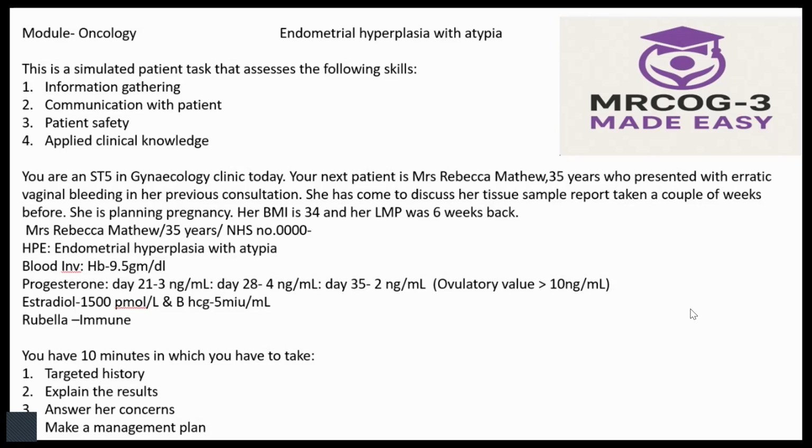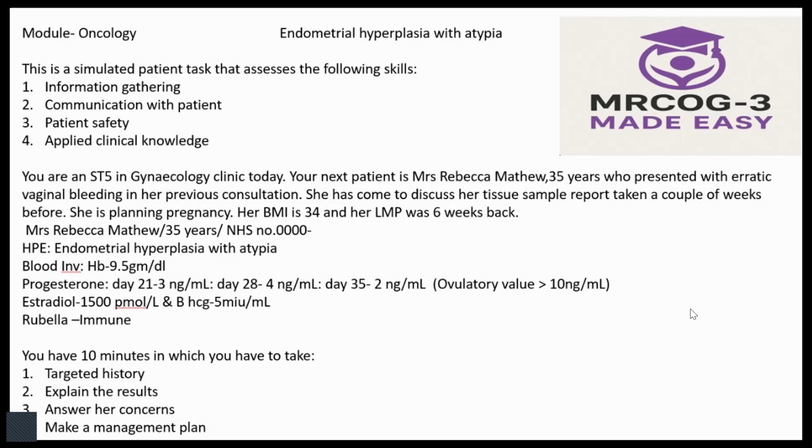Now, let me draw and show your tissue sample report. This is the womb. This is the lining of the womb, and this lining has been thickened. It could be because of some abnormal cells. Usually this lining of the womb will shed regularly during periods, and it is of normal thickness.